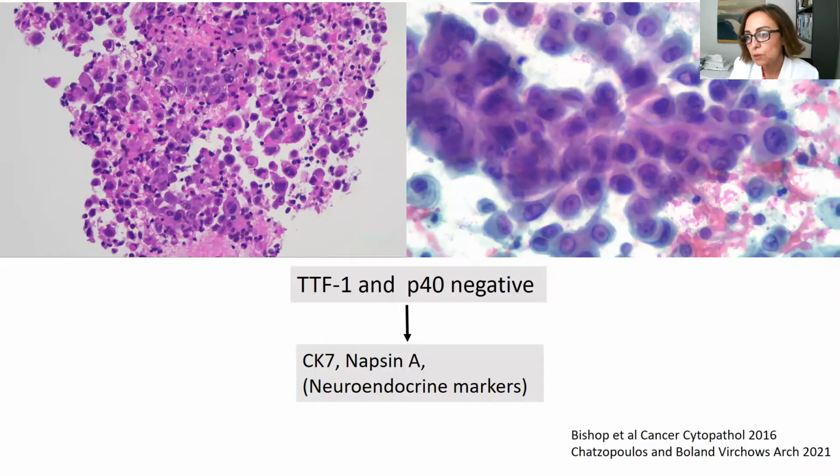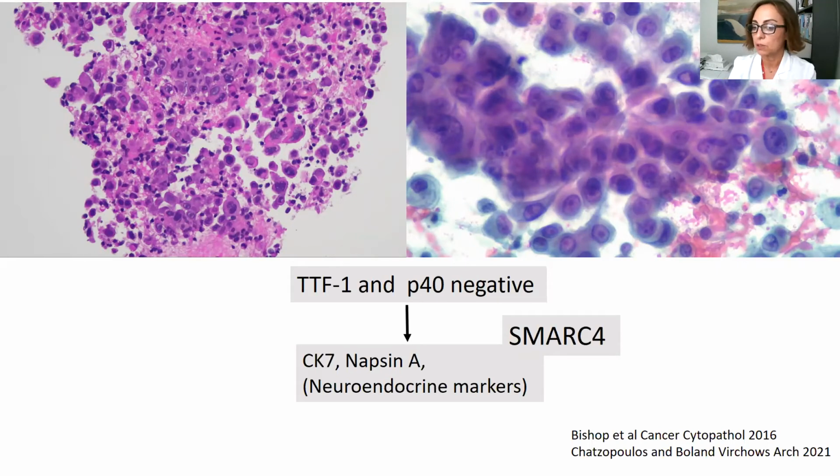But we have to keep in mind new markers. For example, SMARCA4 is a new antibody with nuclear positivity. Some adenocarcinomas are positive for SMARCA4, but it's been published that some adenocarcinomas that are TTF1 negative have lost SMARCA4 expression.